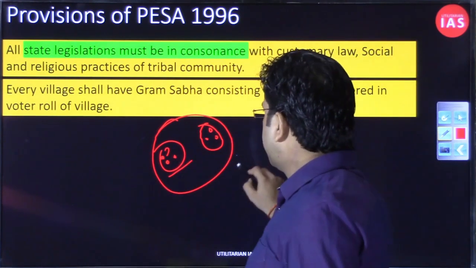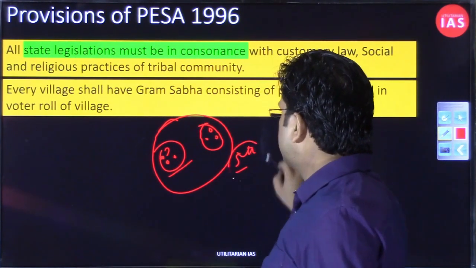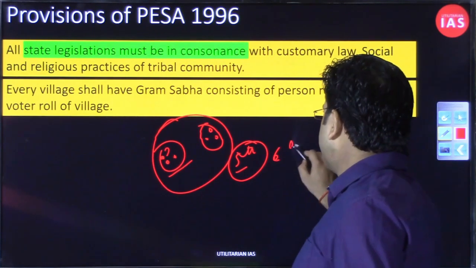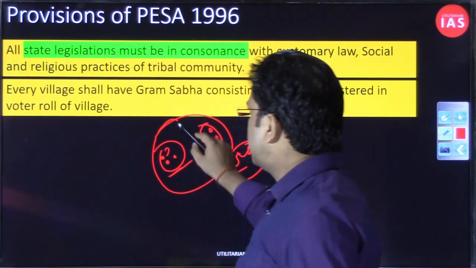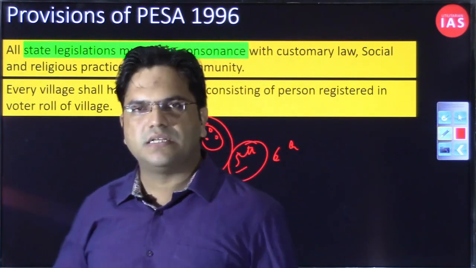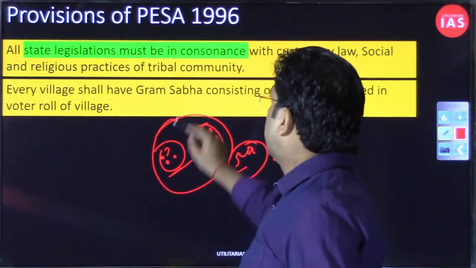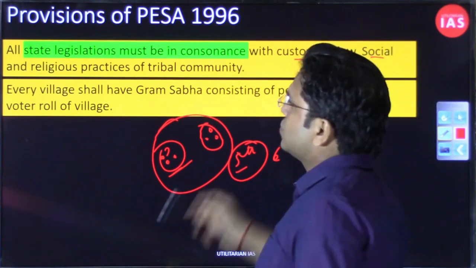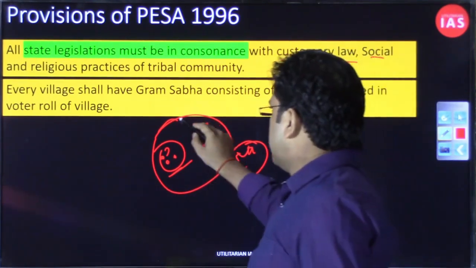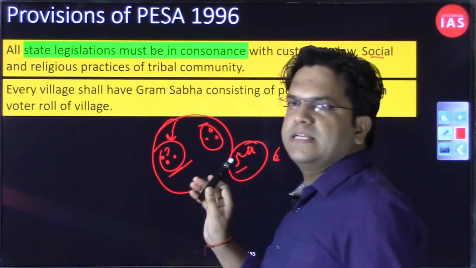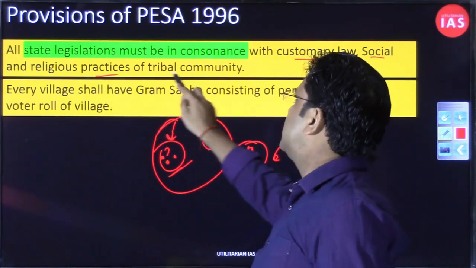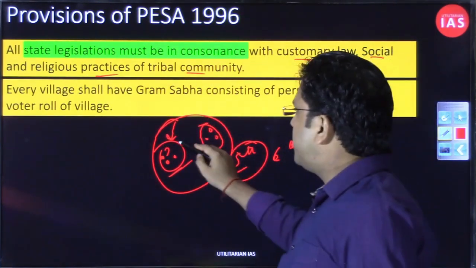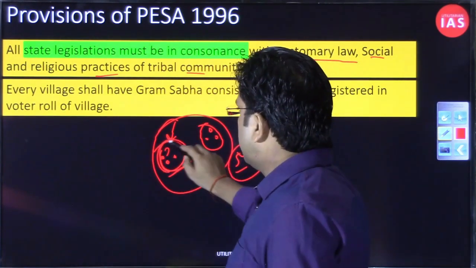Mind you, again I am telling you that we'll have a discussion on the 5th and 6th Schedule, but as far as this chapter is concerned, let me warn you that if any state legislation, or even parliamentary legislation, is in violation of their customary laws or social or religious practices, it will not have implementation over these areas.